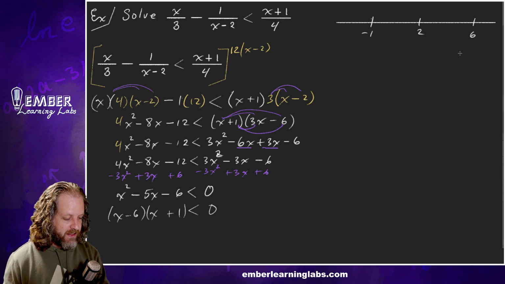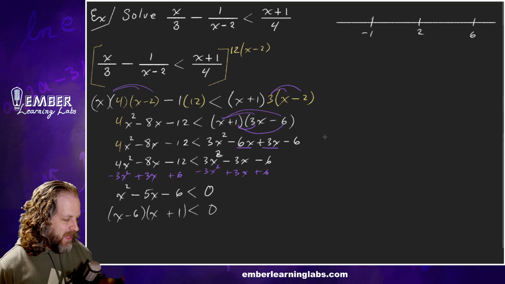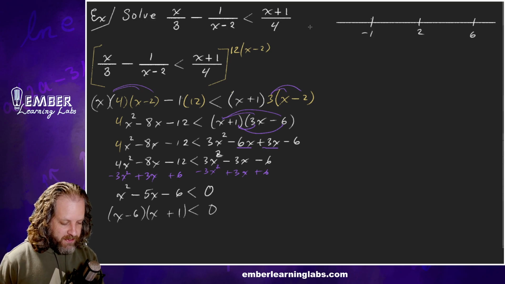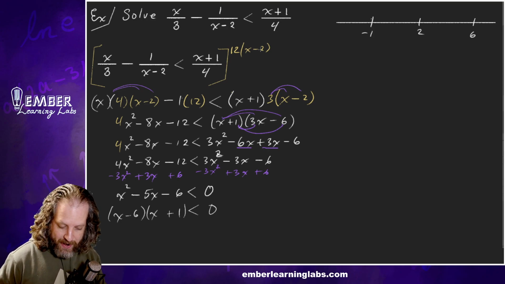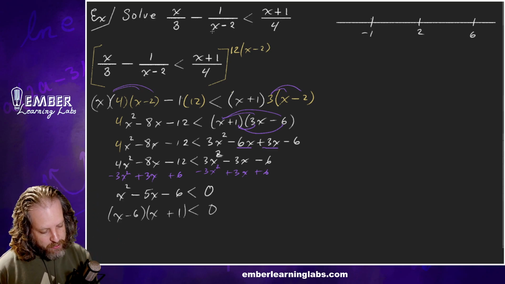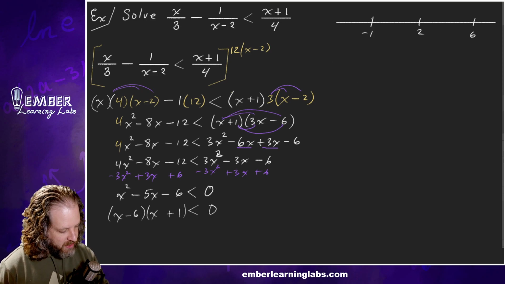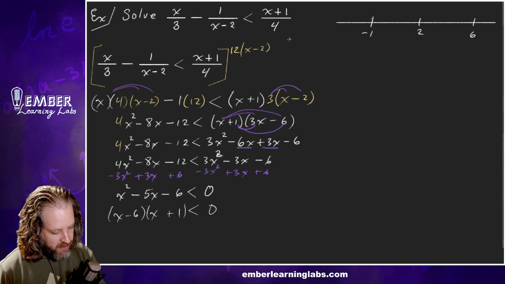Why am I chunking that in there? Because we need to also test around the places where it breaks. And again, for rational functions, where does it make the denominator equal to 0? Well, if I put a 2 in here, so basically I'm solving this little mini equation, right? Let me find a totally different equation. So x minus 2 equals 0, and then add 2 to both sides.